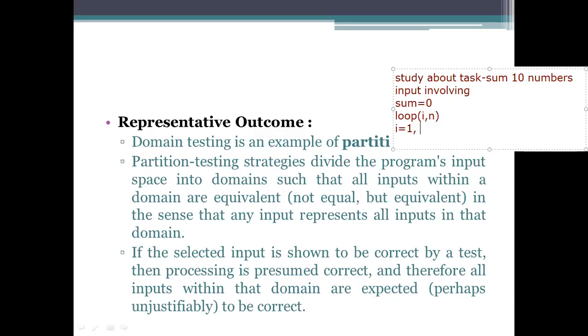I am giving i equals 1 and then n equals 10. So I am taking the n value and the i value.